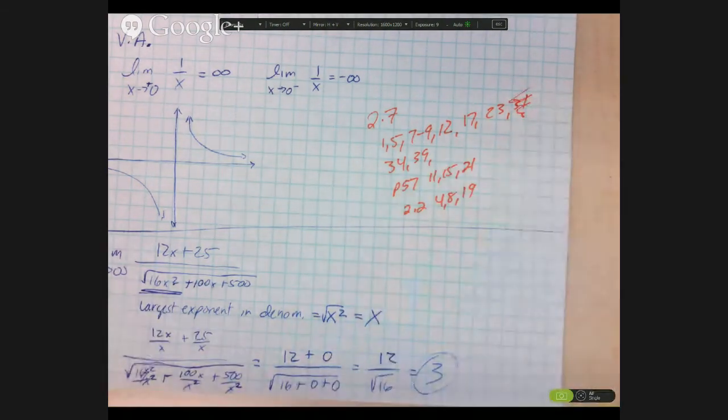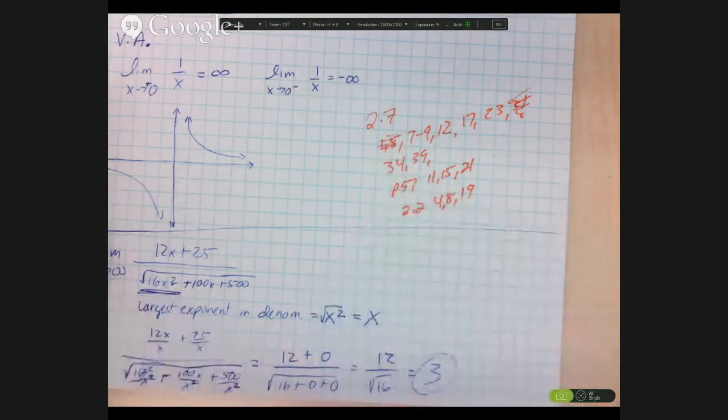Take out 31. Take 1 and 5 off. We're just going to take a risk there.